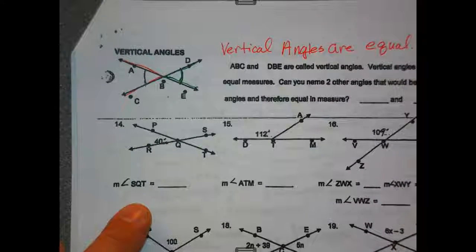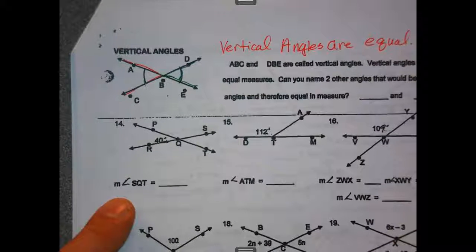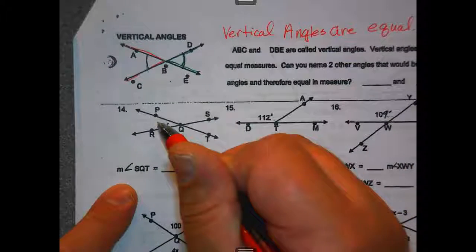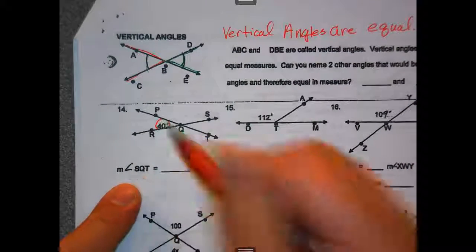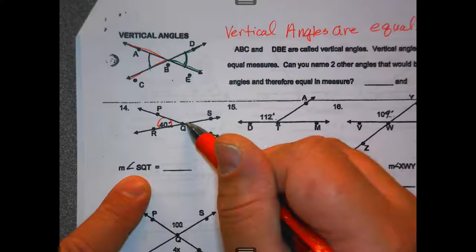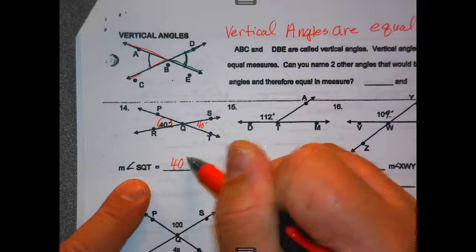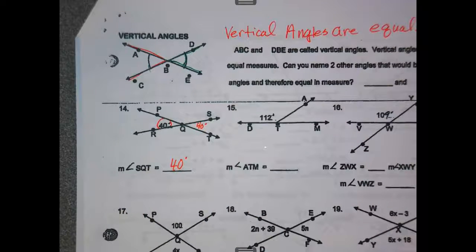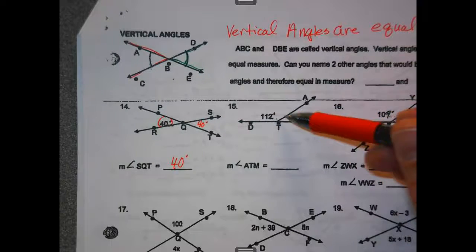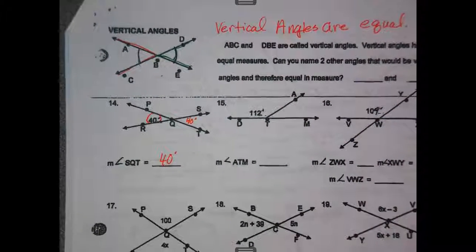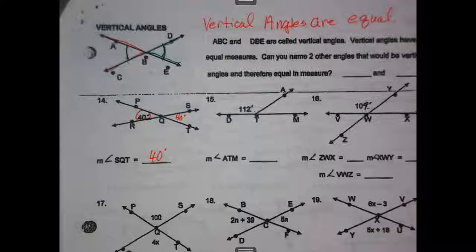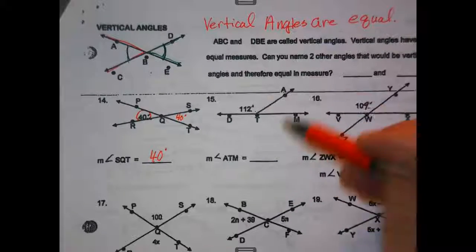Let's do number 14. I know that this angle is 40 degrees. So SQT has to be 40 degrees. You know how easy that is? You guys remember supplementary that you did on the test yesterday? These equal 180, right?